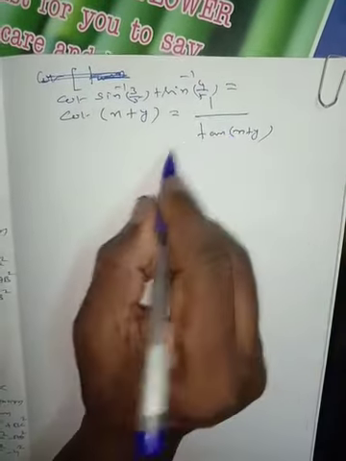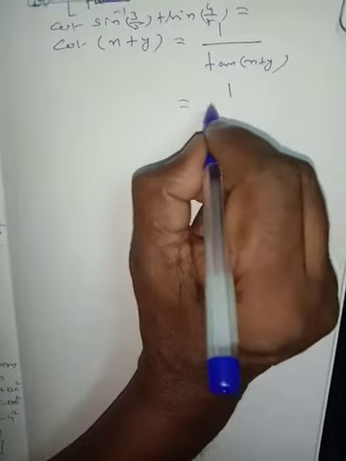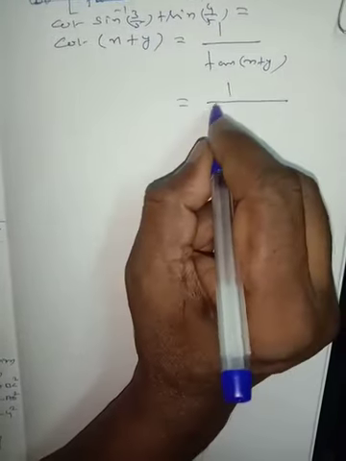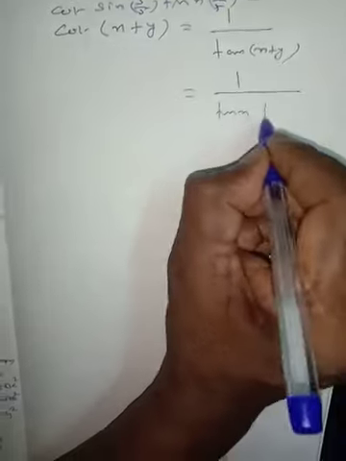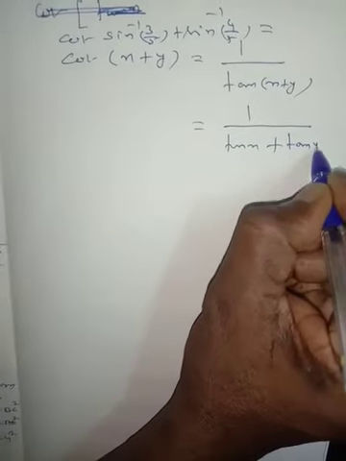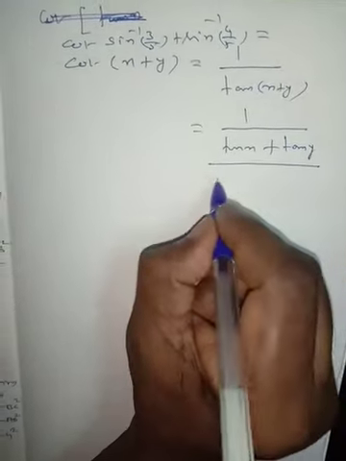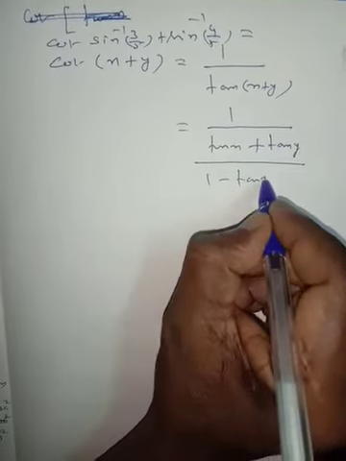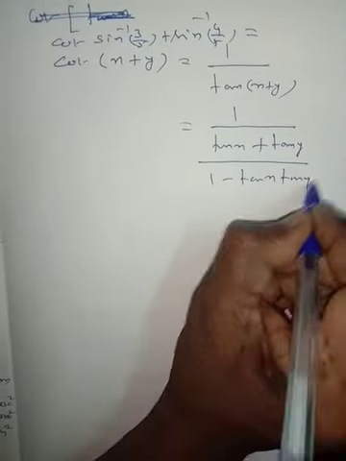Now tan of x plus y, expansion: 1 divided by tan x plus tan y divided by 1 minus tan x tan y.